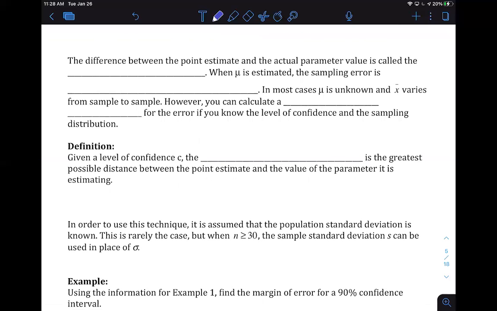Okay, so the difference between the point estimate and the actual parameter value is called the margin of error. And we use a capital E to represent that.